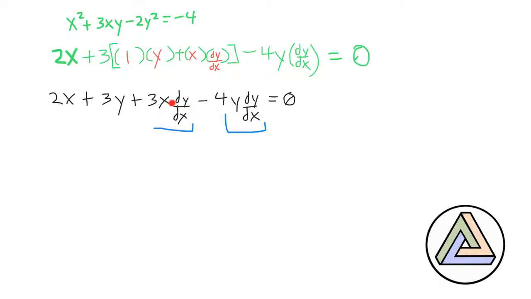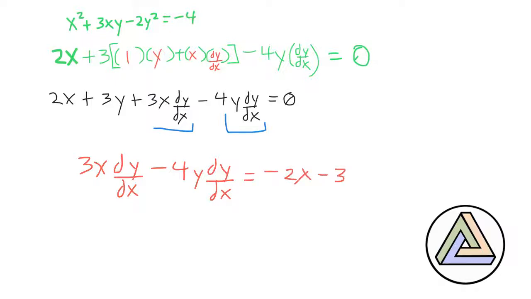Now how can we isolate this term and this term? Well, we'd have to subtract away 2x and 3y, and I trust my student knows how to do that. This would be 3x times dy over dx minus 4y dy over dx, but we would have negative 2x over here and negative 3y over here.